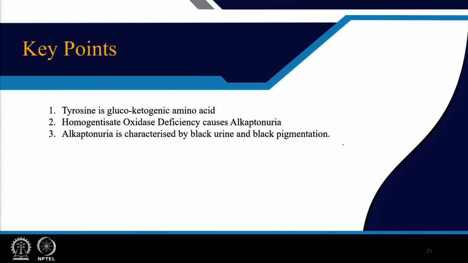Then we discussed alkaptonuria, related to the defective homogentisate oxidase causing accumulation of homogentisate, which finally forms alkapton bodies, also known as black urine disease. We also discussed the diagnosis and basic therapeutics of alkaptonuria.